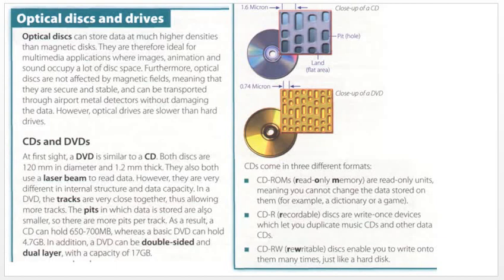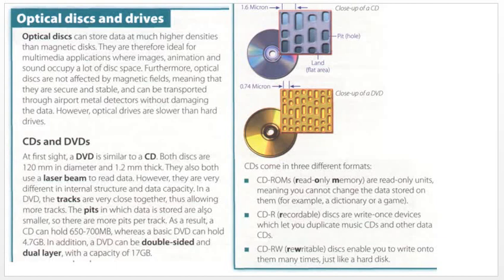As a result, a CD can hold 650 to 700 MBs, whereas a basic DVD can hold 4.7 GB. In addition, a DVD can be double-sided and dual layer with a capacity of 17 GB.